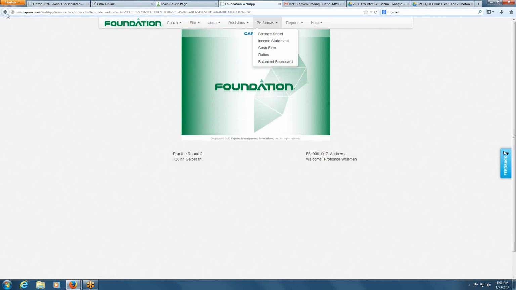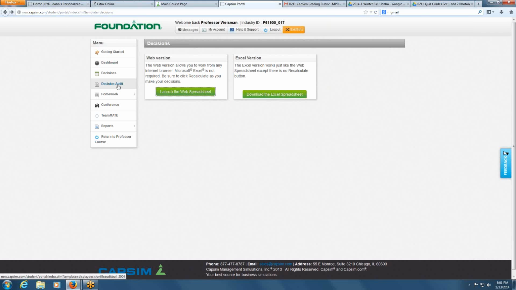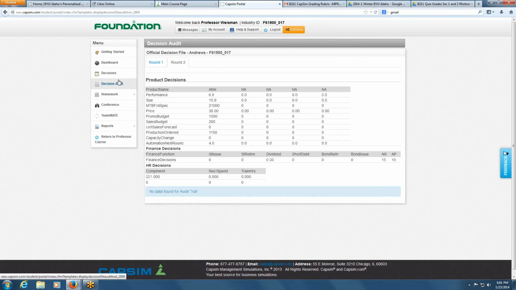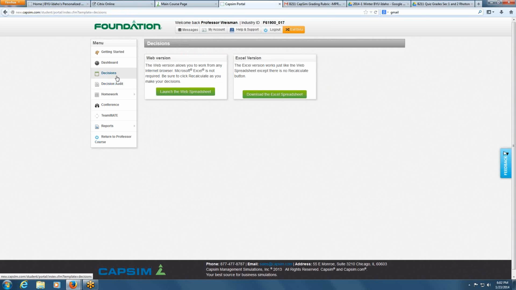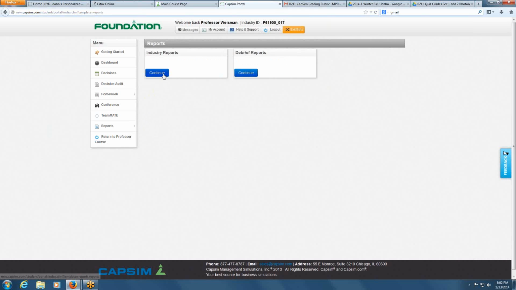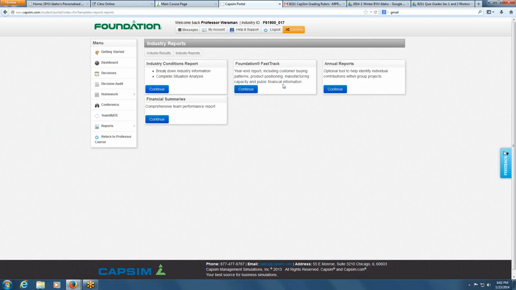Those are 2 things we're going to do. Or you can go to your industry reports, and then you can look at your foundation fast track from there or your annual report from there. Great. So those are 2 ways that you can get into it.